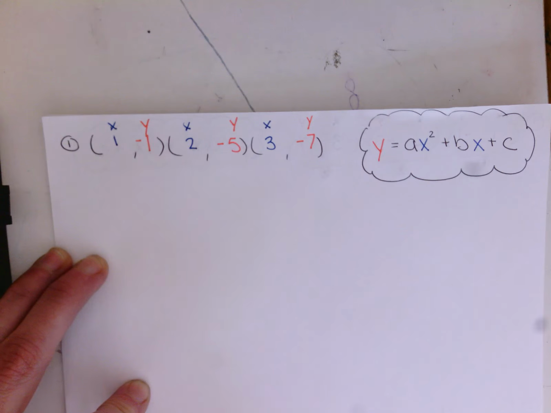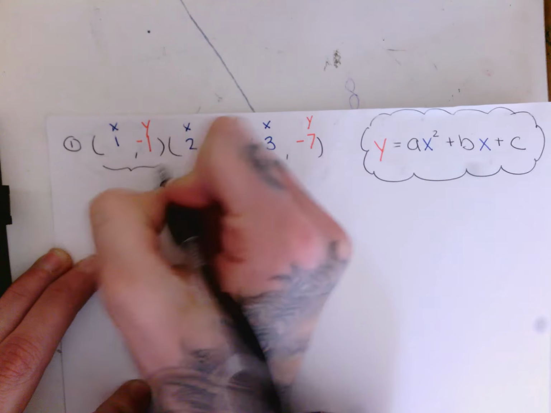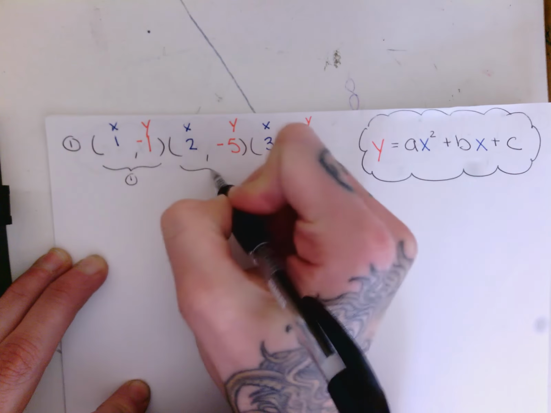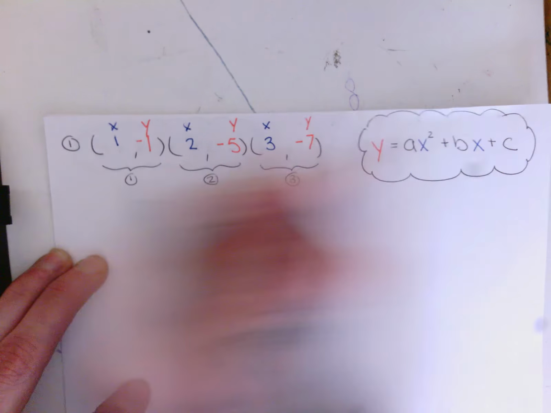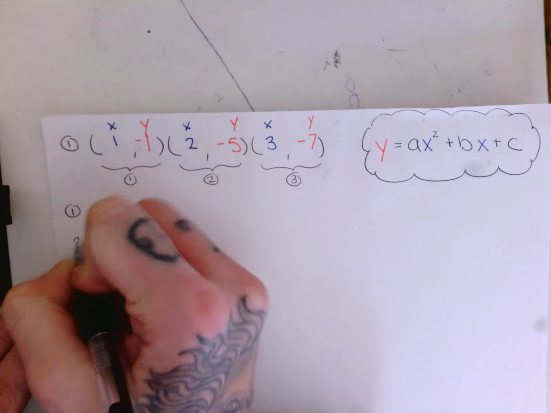So we're going to have three equations for point 1, for point 2, and for point 3.